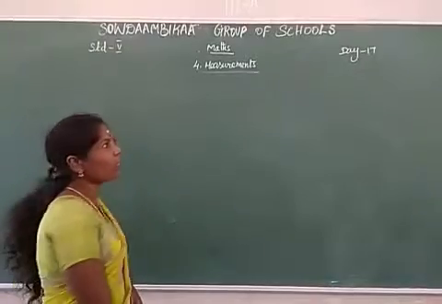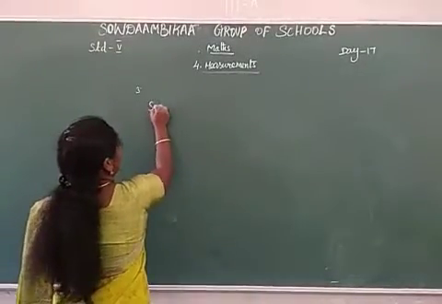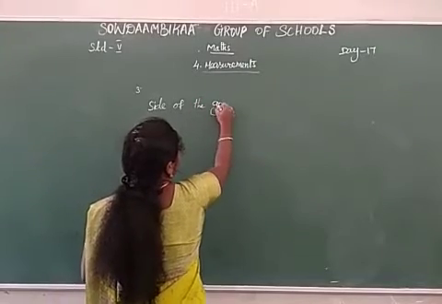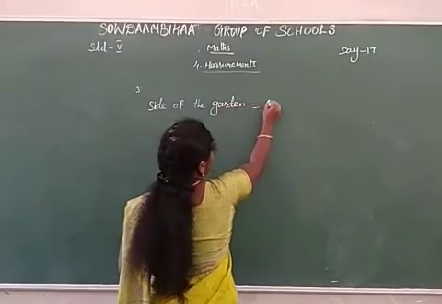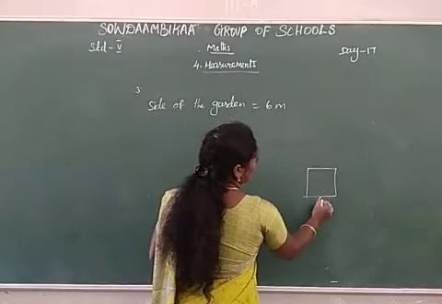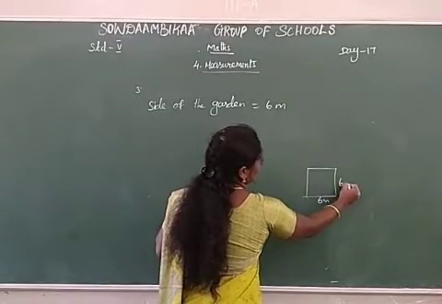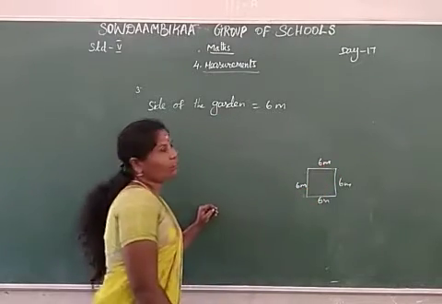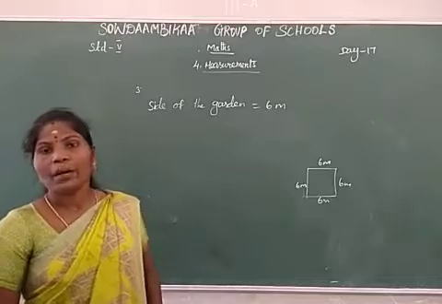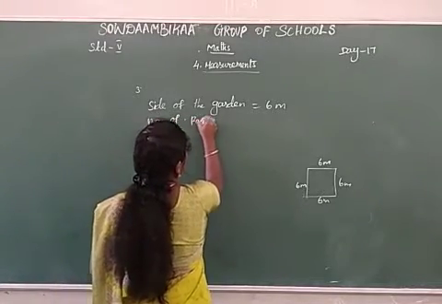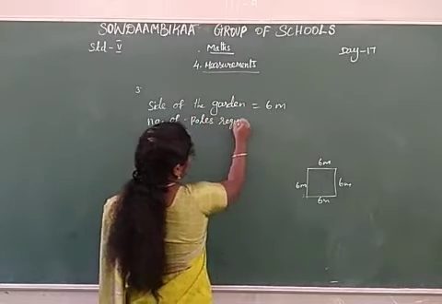Okay. First, side of the garden, how much? Side of the garden already given 6 meter. Okay. Next, the garden 6 meter, 6 meter, 6 meter, 6 meter. Number of poles required.